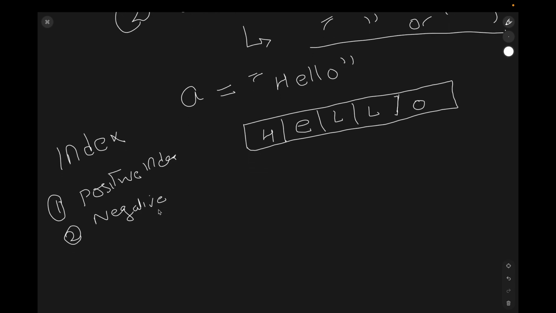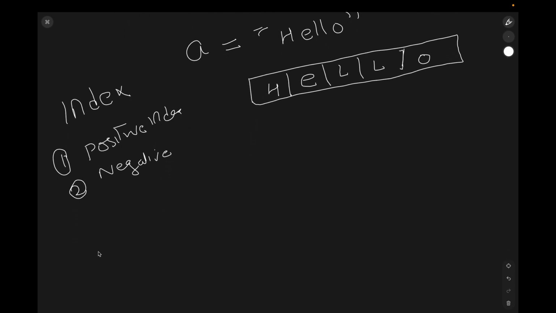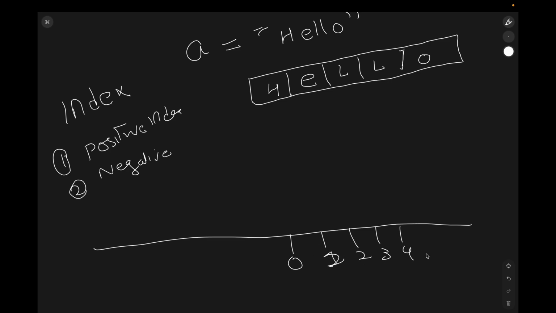Let's take an example. You are having a number line, and this number line is starting from 0, then positive 1, 2, 3, 4, and so on. And in the negative direction we are having -1, -2, -3, -4, and it will go to the left side as well, right? So we are using this number line as the indexing.